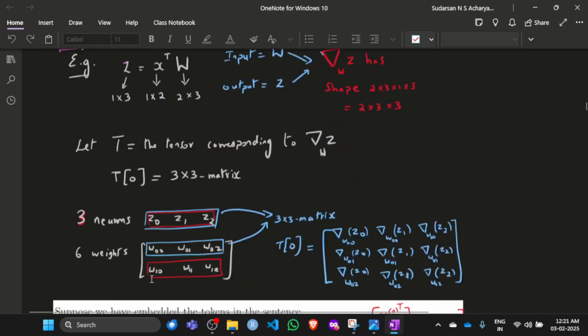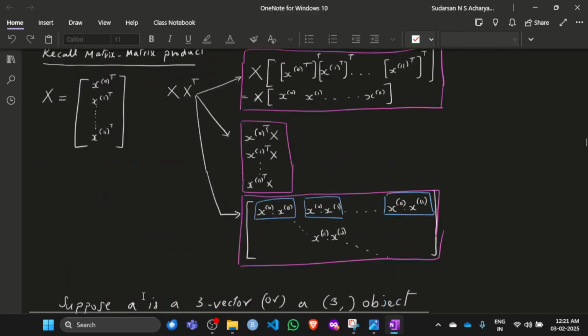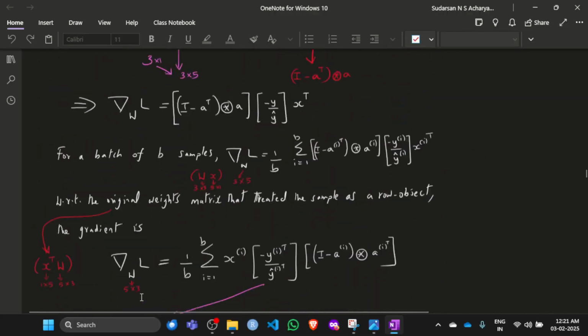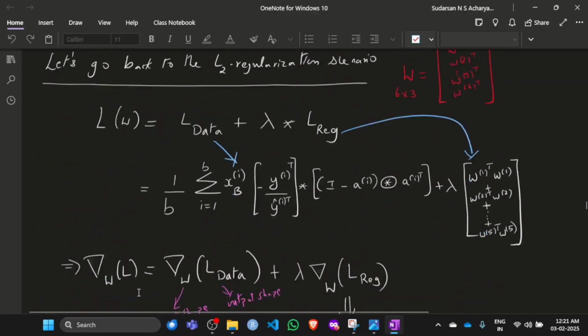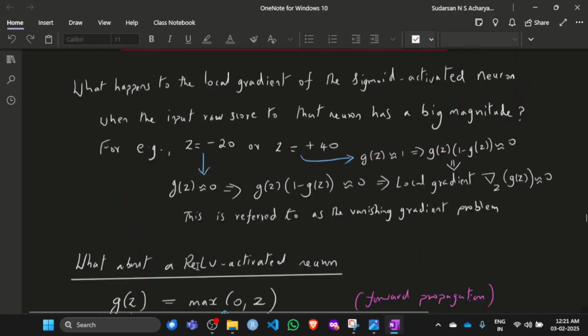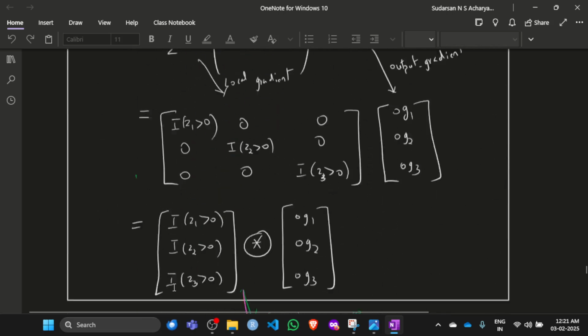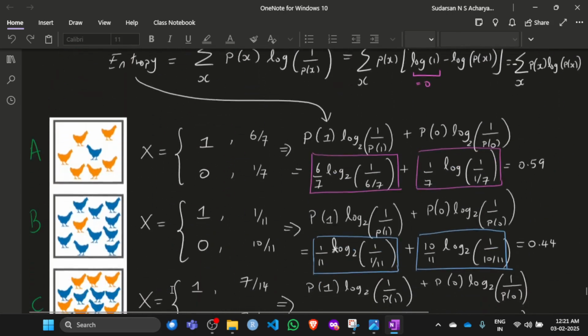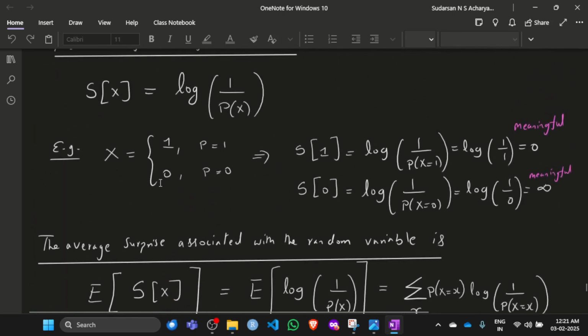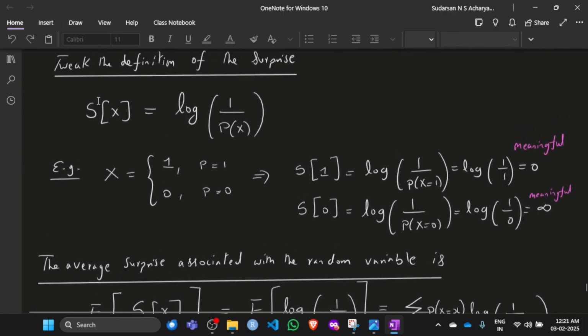Okay, so now from the definition of the surprise, we went to the notion of an expected surprise. On an average, how much surprise can I expect the next time I realize that random variable? So in the chicken example, how much surprise on an average can I expect the next time I pick a chicken from the box?